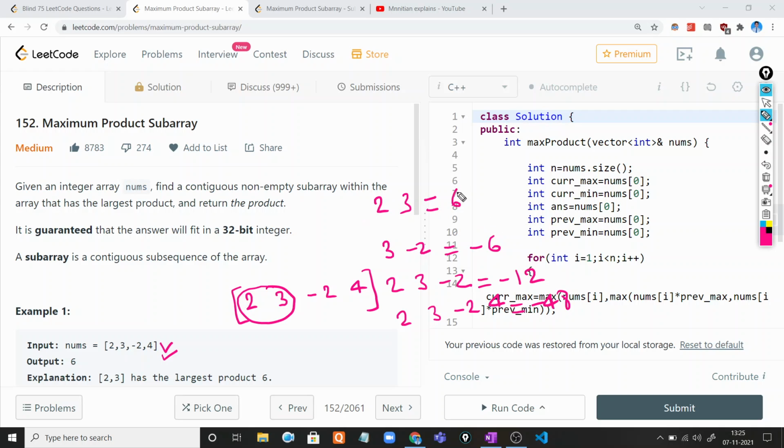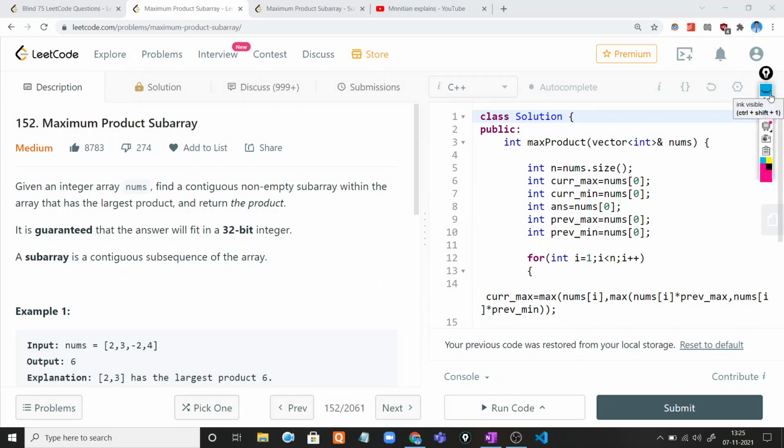So we have the product of every subarray, and we take the maximum. Suppose we have only these 4 subarrays, we take the maximum, and the maximum out of those 4 values is 6. So for the current scenario, our answer will be 6. So that's the problem. Let's jump to the solution part, how to solve this problem, right?